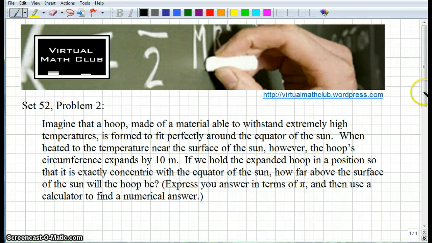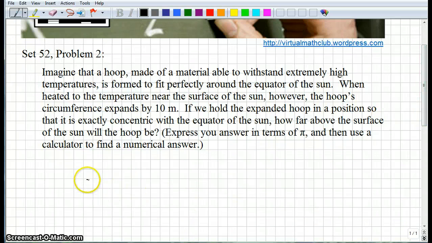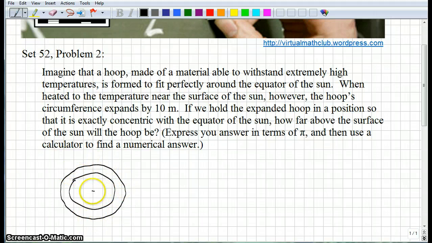Okay, so we have this hoop. Let's draw a picture here. So let's say this is the sun, kind of circular there. And let's say that this is the hoop. I'm going to draw it concentric with the sun, so they both have the same center. We aren't told what the radius of the sun is, but we'll just call it r.